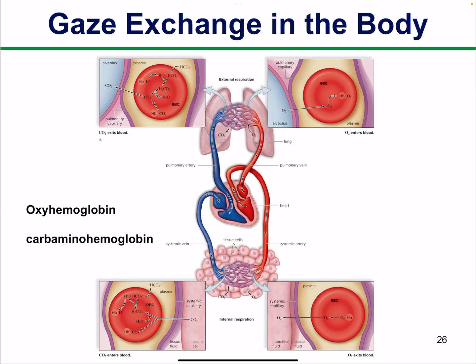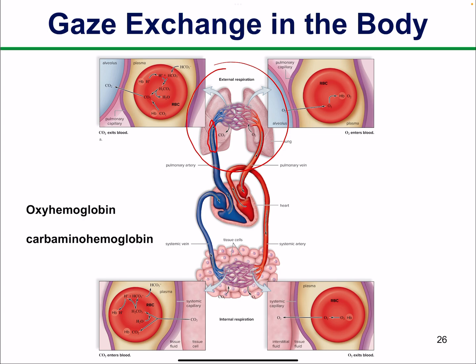Okay? So now, in the lungs, what happens? Well, the blood loaded with carbon dioxide that comes from the tissues, right, goes into the lungs. That blood is rich with carbon dioxide. Therefore, the partial pressure of carbon dioxide is high in the blood that is in the lungs compared to the partial pressure of carbon dioxide in the lung alveoli.